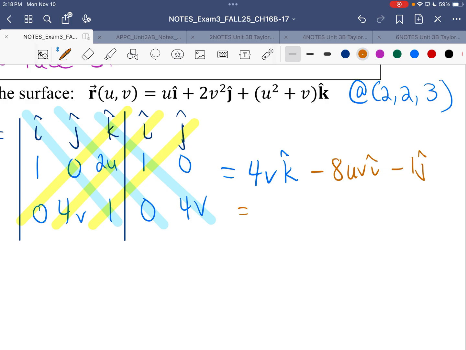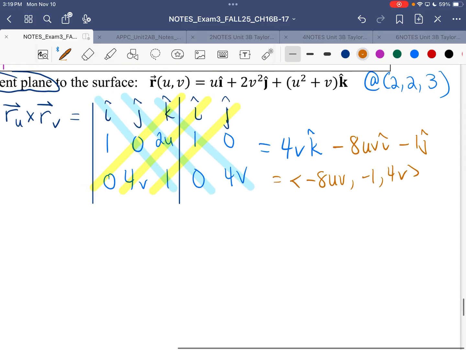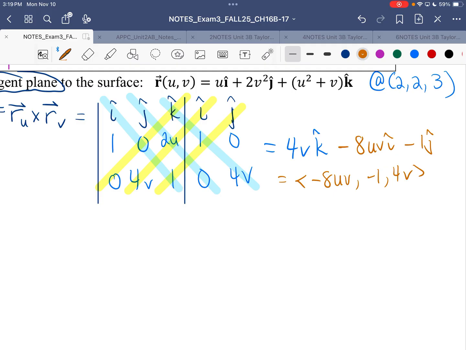So you might want to rewrite it in vector form if that's your preference. This is your normal vector.